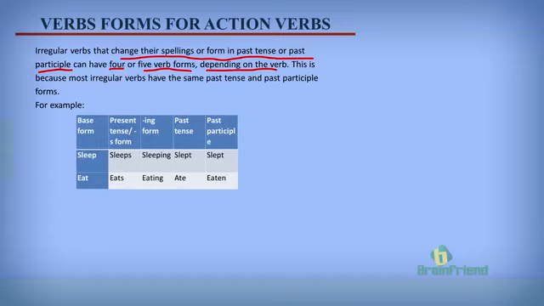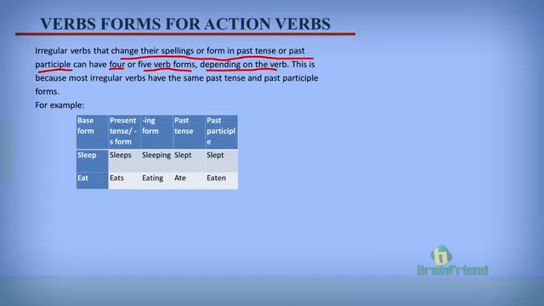And most of those verbs can change the spellings or forms through the 5 verb forms, while some others remain the same in the past tense and in the past participle. So we can have verbs with 4 verb forms or verbs with 5 verb forms.